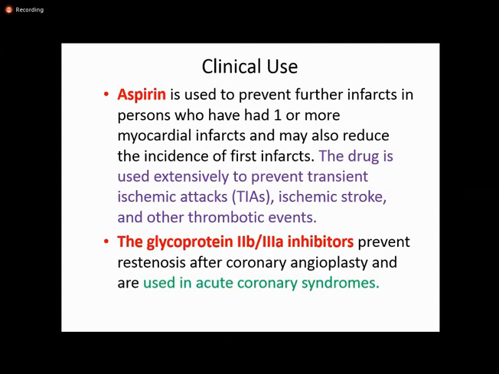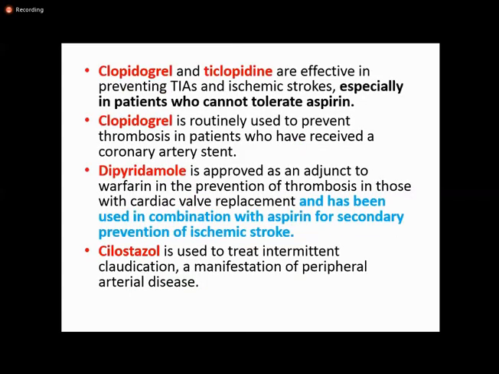The second very important group, glycoprotein 2B3A inhibitors, prevent restenosis after coronary angioplasty and are used in acute coronary syndromes. Clopidogrel and ticlopidine are effective in preventing TIAs and ischemic stroke, especially in patients who cannot tolerate aspirin.